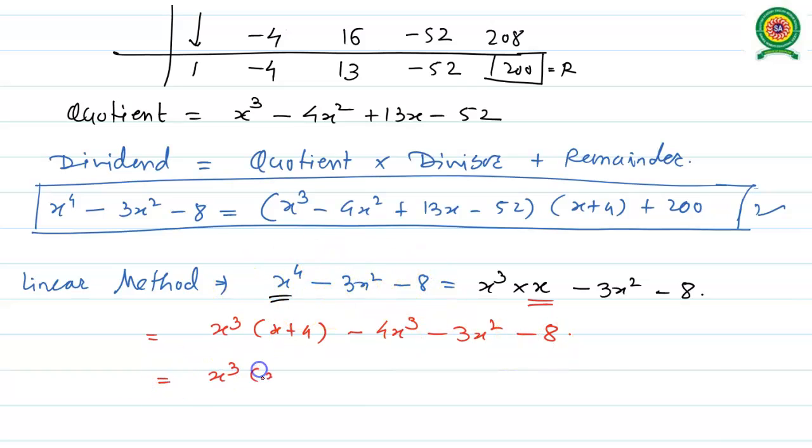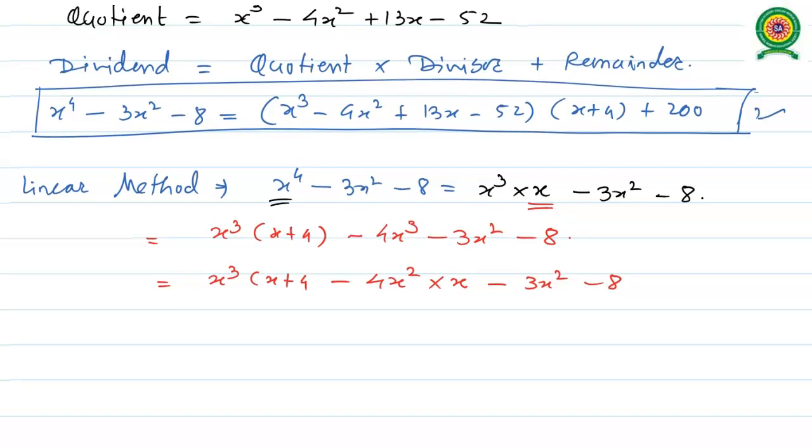Now x cube into x plus 4 as it is, we have minus 4x cube. We can split the x cube as x square into x, minus 3x square, minus 8 as it is. Now again we can replace this x by the divisor polynomial, that is x plus 4, so that we get x cube into x plus 4, then minus 4x square into x plus 4.